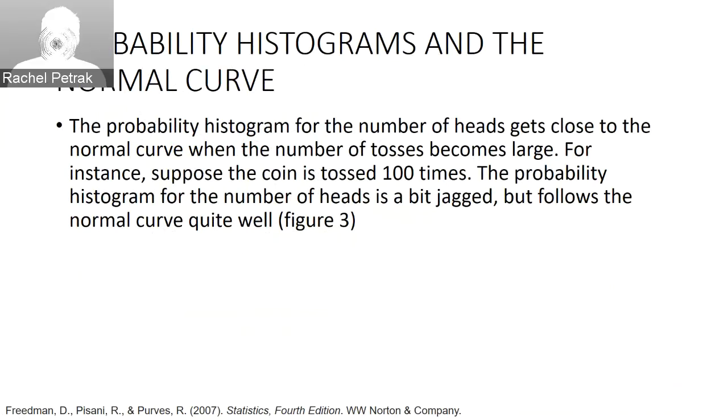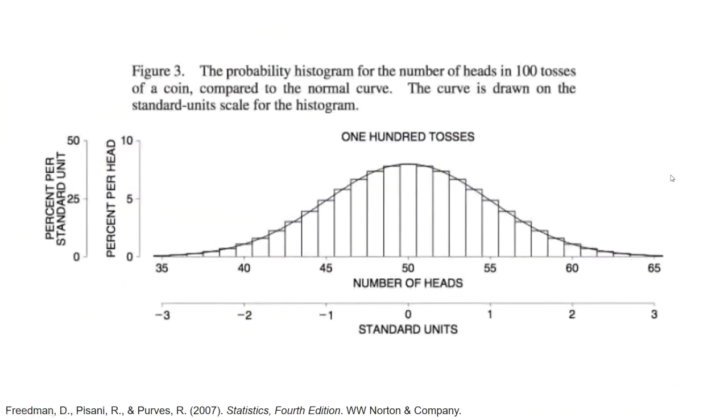Remember, when the coin is tossed 100 times, the histogram for the number of heads is a bit jagged, but it still follows the normal curve pretty well. As you can see, we've got 100 tosses, and the probability histogram is kind of jagged, but you can see that it is still distributed as a normal curve.